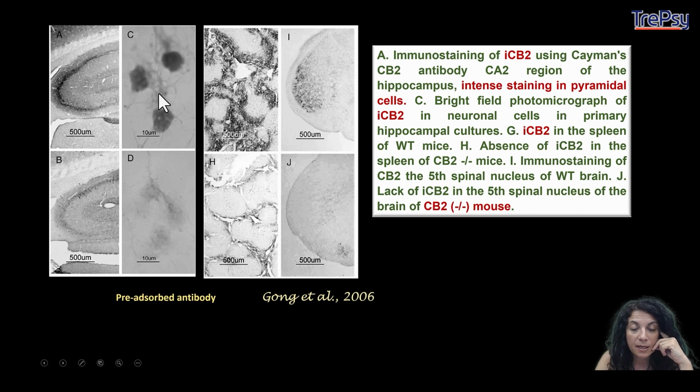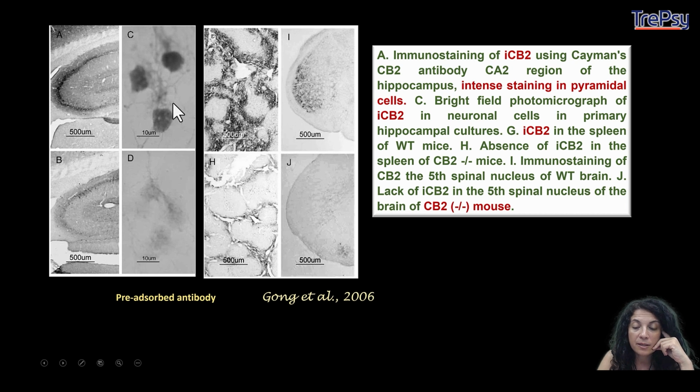This is a cell culture of cells that express cannabinoid CB2 receptor, and here we can see in the spleen and in the brain of mice. Here we have cell culture and hippocampus with pre-absorbed antibody.